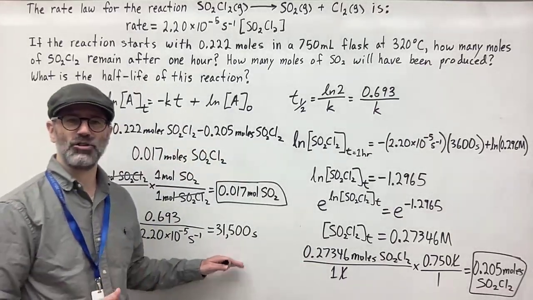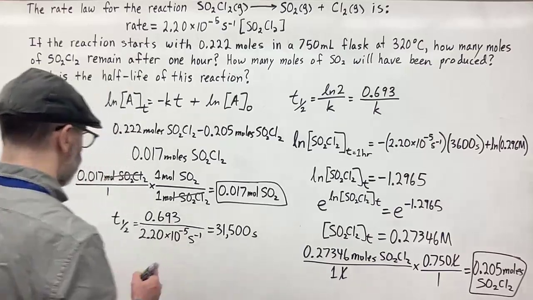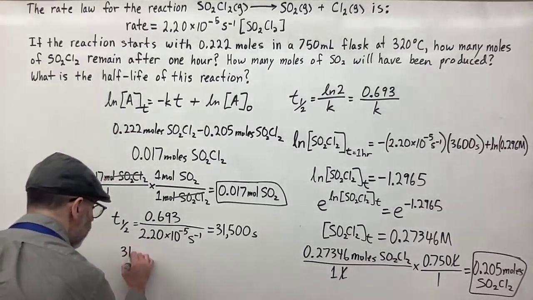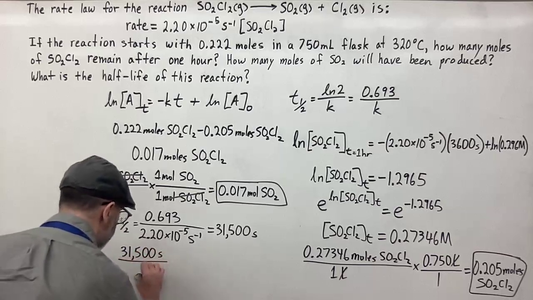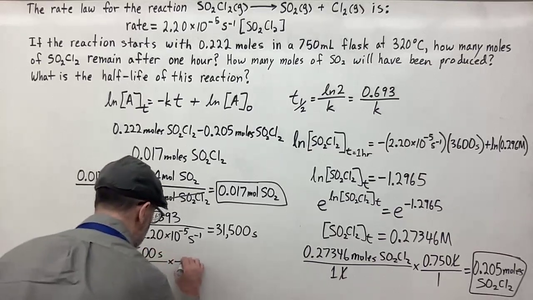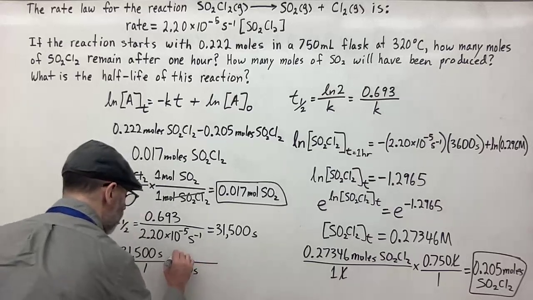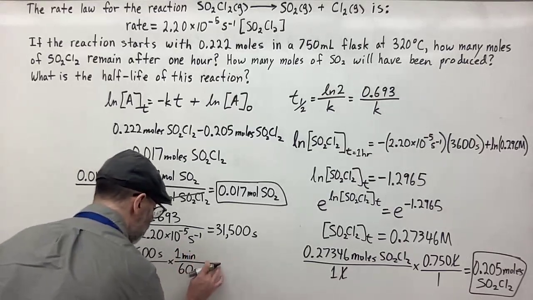Let's try to get that to a more manageable unit like hours. So if we take the 31,500 seconds, we can use our conversion factors to convert that to hours. So 60 seconds on the bottom, 1 minute on top.